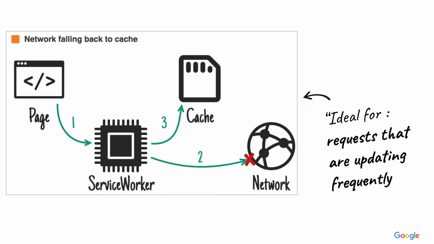So each time we make a request to this API, we will store a copy of that request in our cache, and we will use this copy only if the user loses his connection.